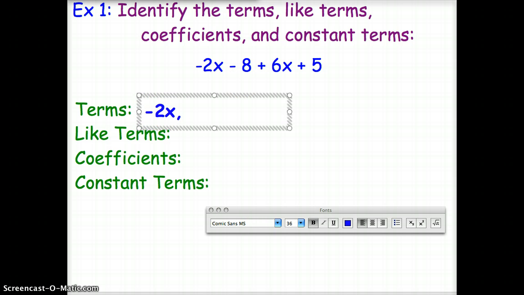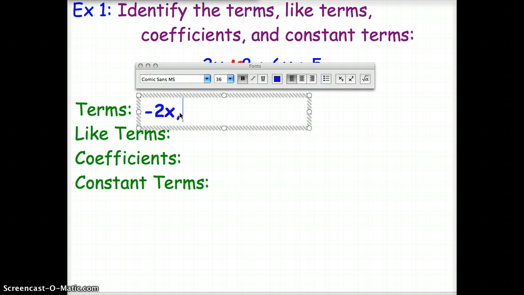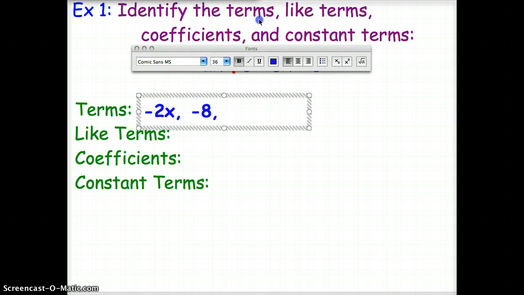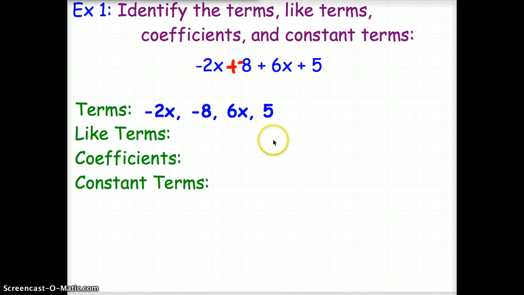So since this is a negative 8 here, I'm going to do a leave change opposite with it. So it is adding and make it a negative 8. So my terms are negative 2x, negative 8, 6x, and 5.